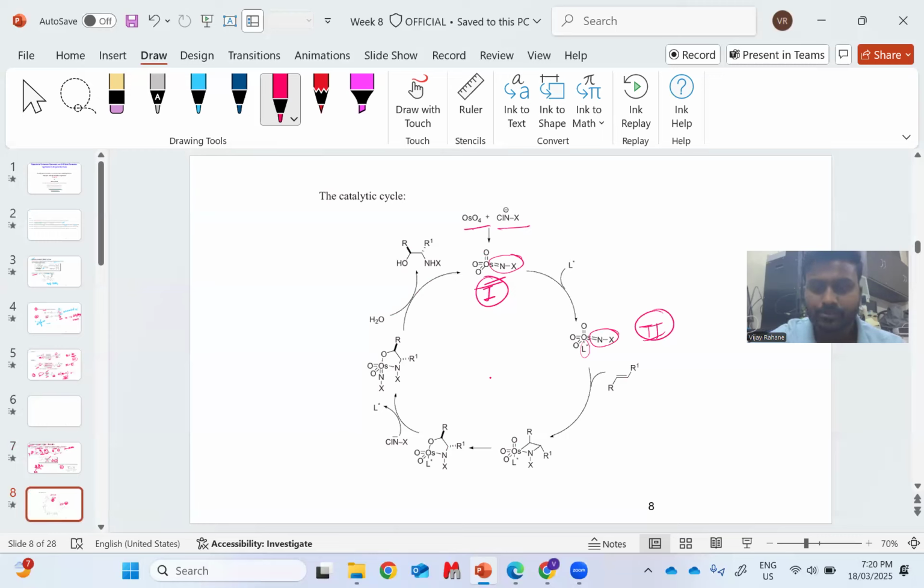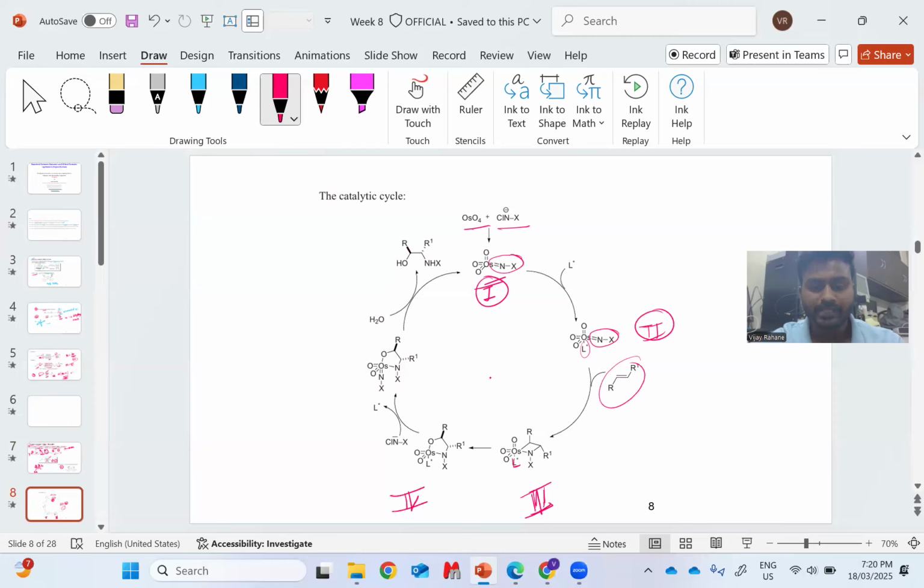Further, intermediate 2 reacts with the olefin. After reaction with the olefin, it forms intermediate 3. This intermediate 3 has a direction by which the olefin is attached. In this case, you can see the R1 and R2 attached in this fashion, which is driven by this ligand. So it depends on which ligand we are using. This drives the formation of this intermediate 3.